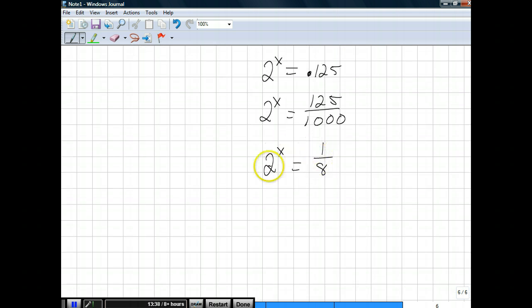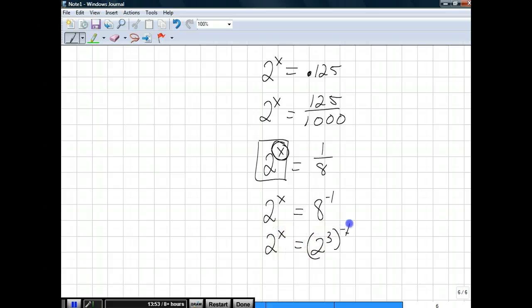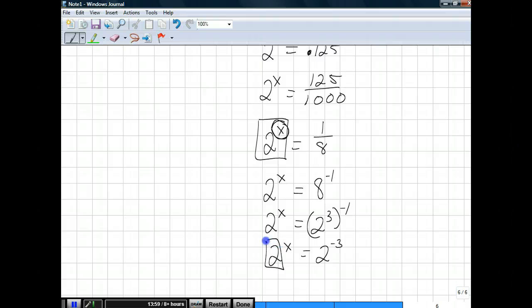Now, remember when we have the variable as an exponent, we want to get the same base. So we can change this to 8 to the negative 1, but 8 is really 2 cubed. Right, and now that our bases are the same, we just set the exponents equal.